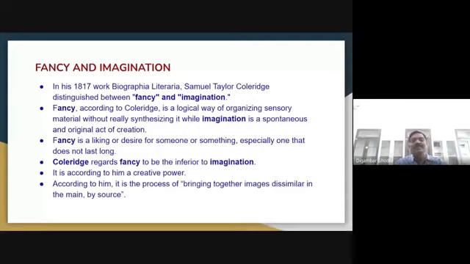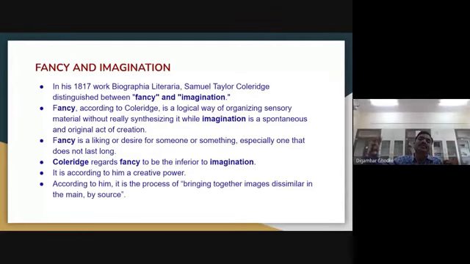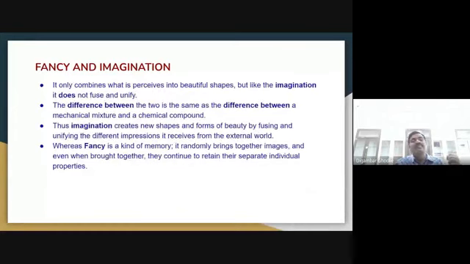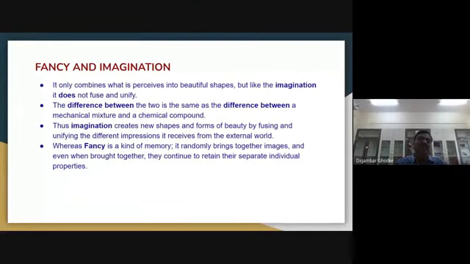And then he remembers his beloved. So both images are there, flower and a lady in his mind. These images are dissimilar by source. One is a human being and the other is a flower. But fancy only combines what it perceives into beautiful shapes.